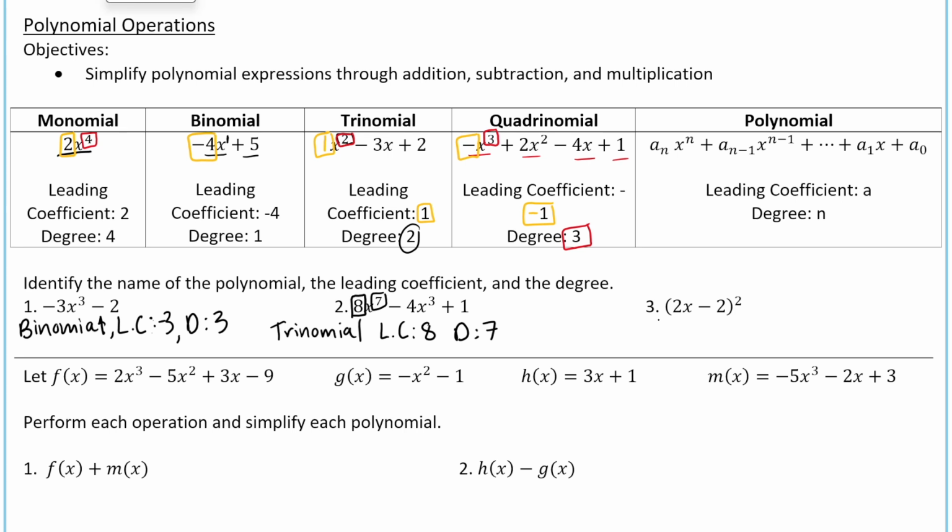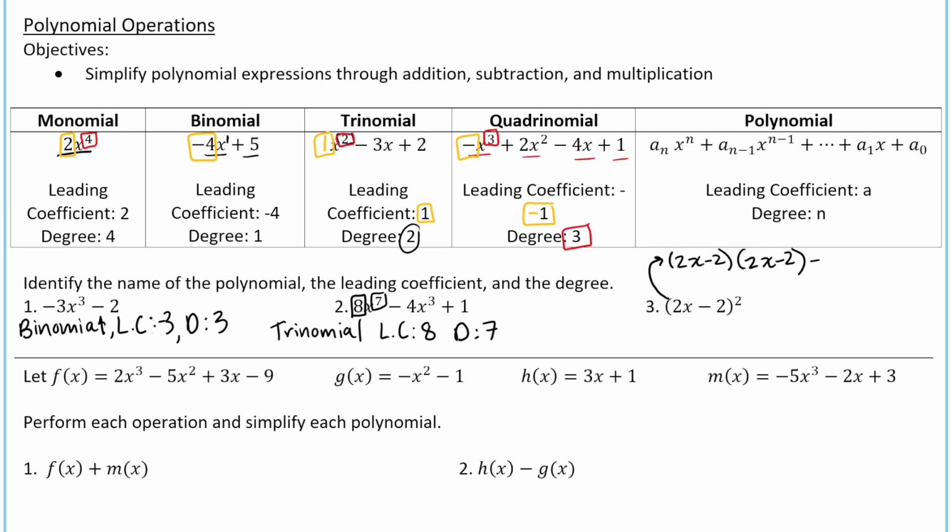And for this final polynomial, it's not fully expanded, so we actually need to fully expand it first in order to determine the leading coefficient and the degree. So I have 2x minus 2 squared, which means I need to multiply 2x minus 2 by itself. So I'm going to go ahead and do that.